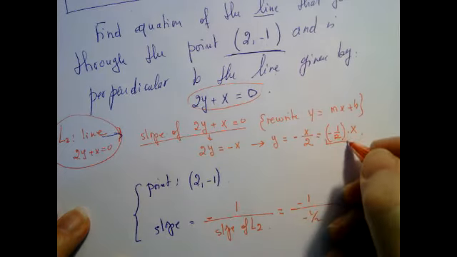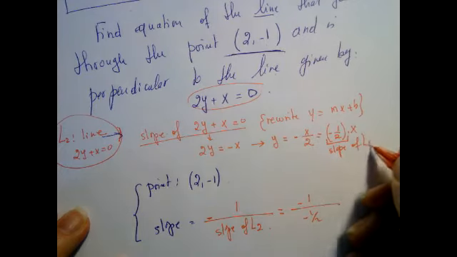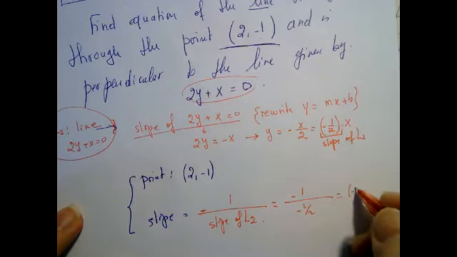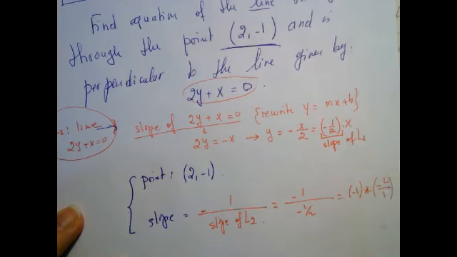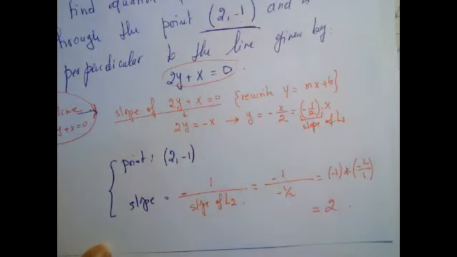So that's the slope of L2. Property of fraction, that's minus 1 times minus 2 over 1, which is going to be equal to 2.